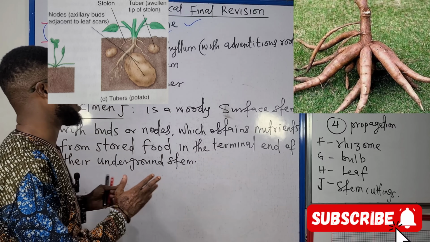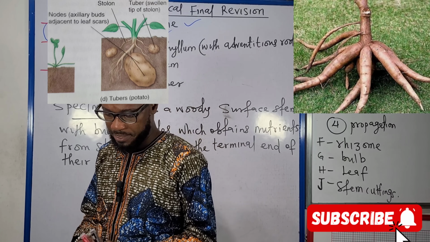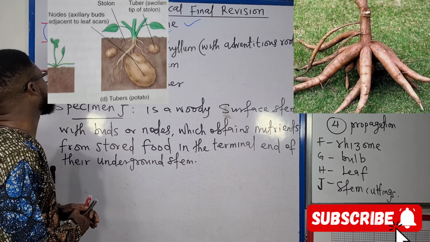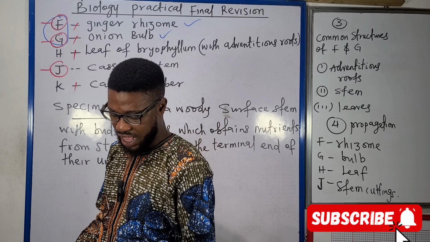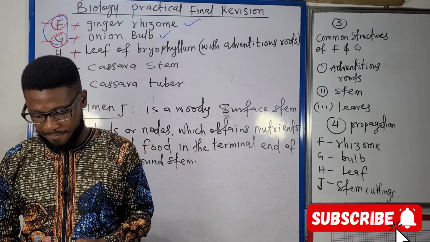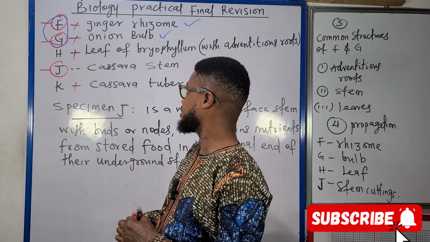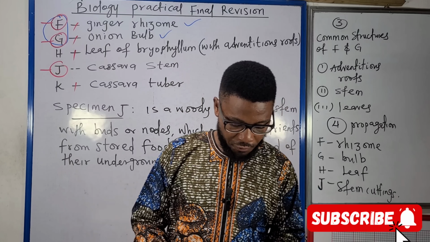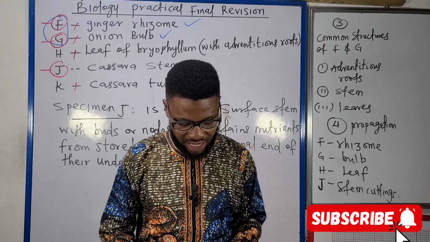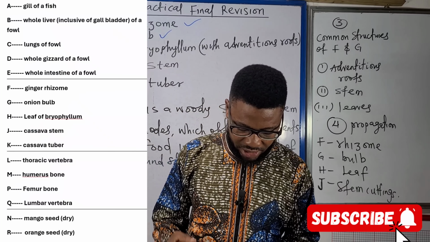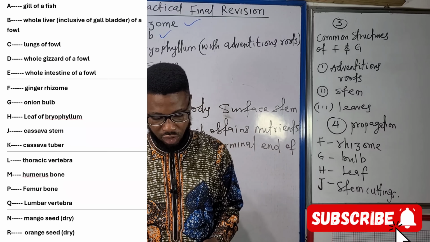So that is simple and direct, and that ends the biological interest of specimens F, G, and J. Aside from specimens F to K, we still have specimens L, M, P, Q to go, talking about the thoracic vertebra, humerus bone, femur bone, lumbar vertebra.